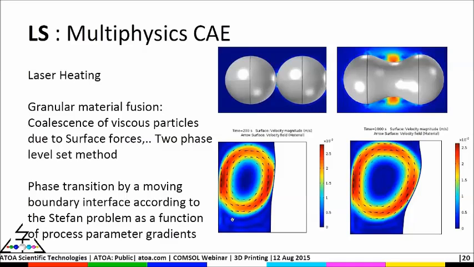Phase transition by a moving boundary interface according to the Stefan problem, as a function of process parameter gradient, is shown here. This is very important to understand the melt flow due to the laser heating and the solidification that takes place. And that can be modeled with two-phase flow with the level set or phase field modeling methods.